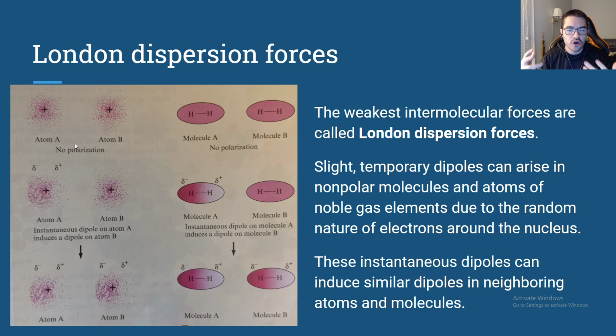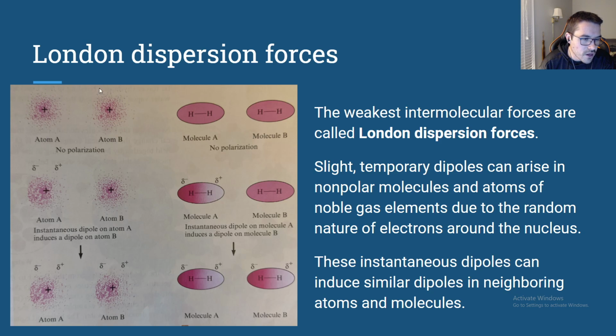What naturally occurs, due to the random nature of how electrons behave, is that you can end up with slight, brief, instantaneous dipoles that arise due to the random movements of the electrons. Okay, so take a look here.